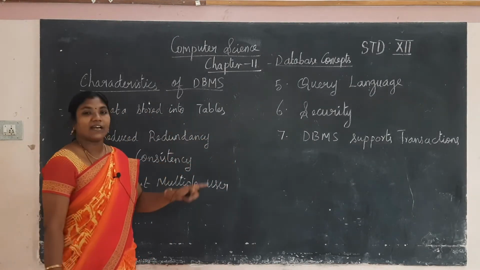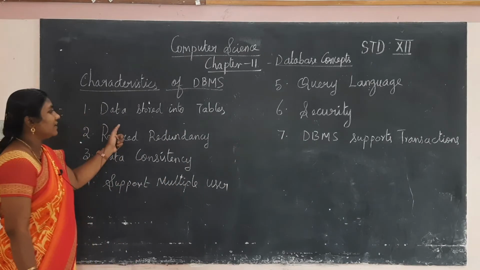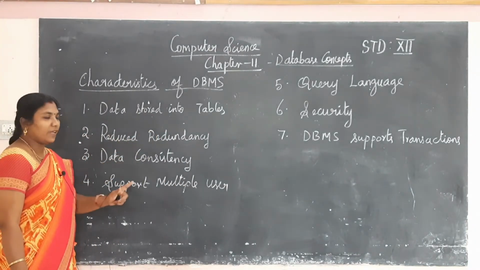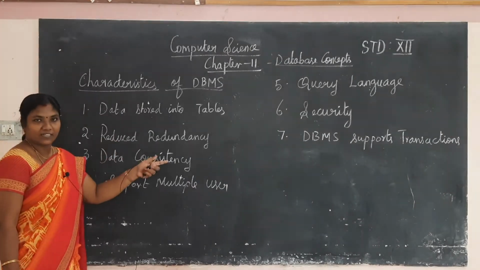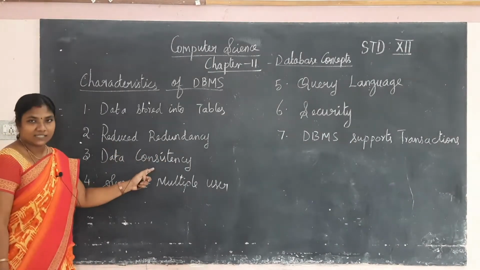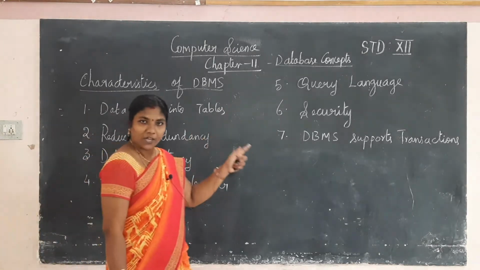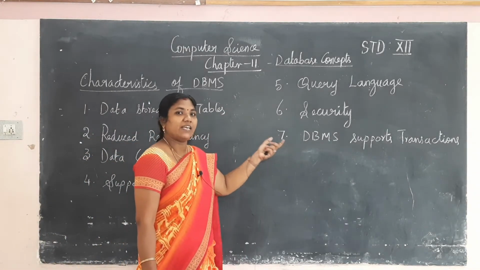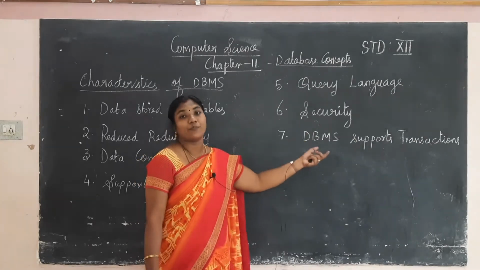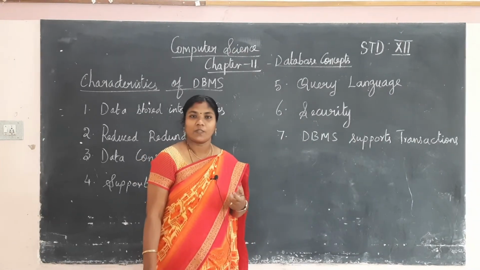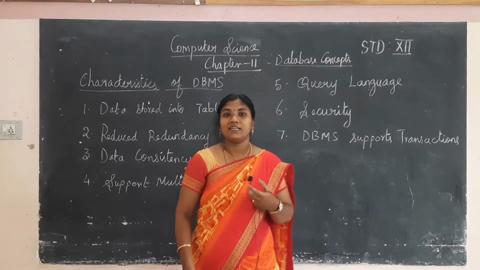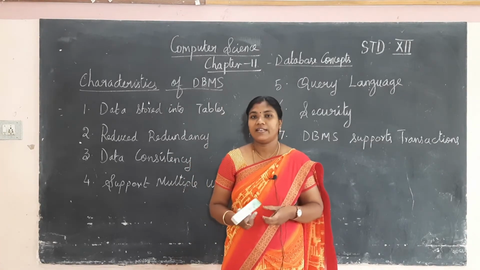So there are 7 characteristics of DBMS. First, data stored in tables. Second, reduced redundancy. Third, data consistency. Fourth, support for multiple users. Fifth, query language. Sixth, security, and seventh, DBMS supports transactions. Okay. Next we will see the components of DBMS.